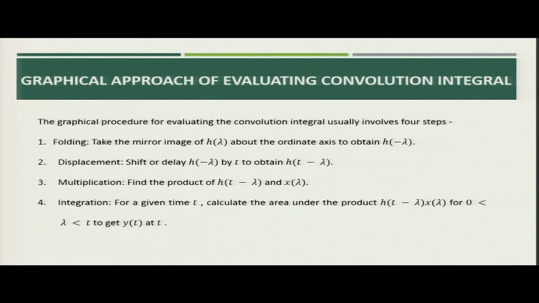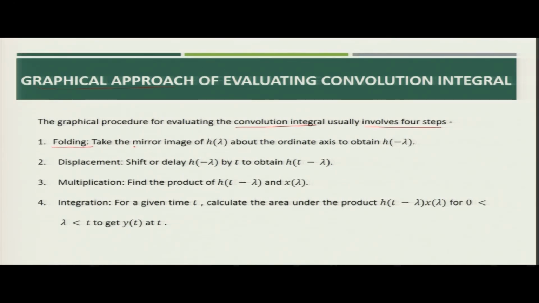Now, we started our discussion on the graphical approach of evaluating the convolution integral, and we said that the graphical procedure usually involves 4 steps. What were those 4 steps? First was folding.